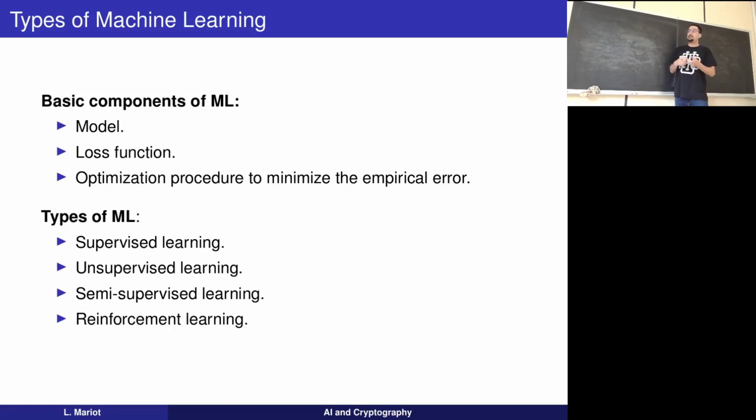We have different types of machine learning, in the sense that we can have supervised learning. In supervised learning, we have basically a set of training examples that are already labeled by a human teacher, in a certain sense, and they are used to train the algorithm.